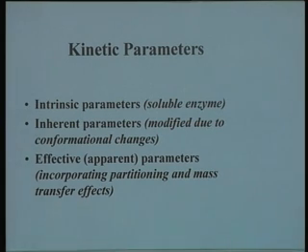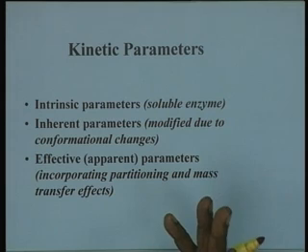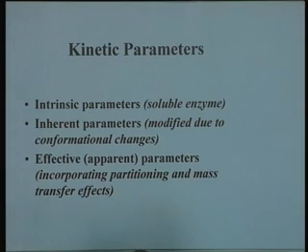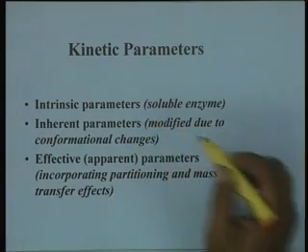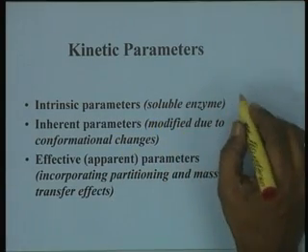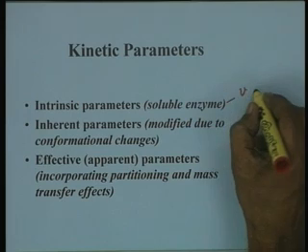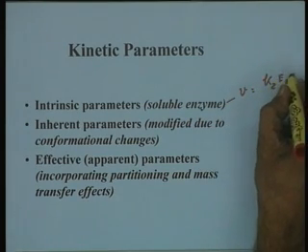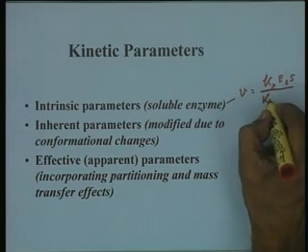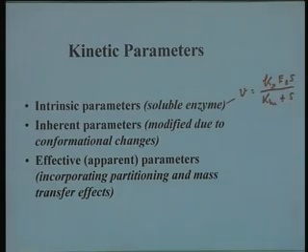One is the intrinsic parameters, which are the same as those of a soluble enzyme, which means no partitioning, no mass transfer limitations, the sole parameter is the reaction rate. Essentially, if we consider the rate expression, our classical rate expression k2 E0 S upon Km plus S will apply to the situation.